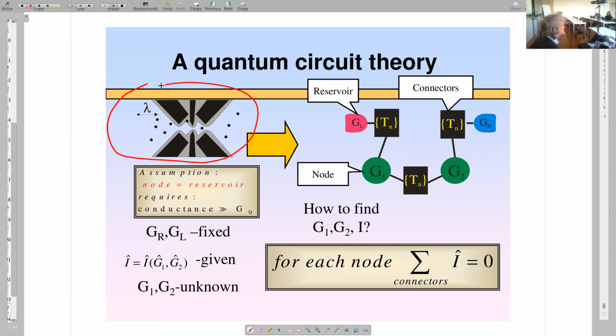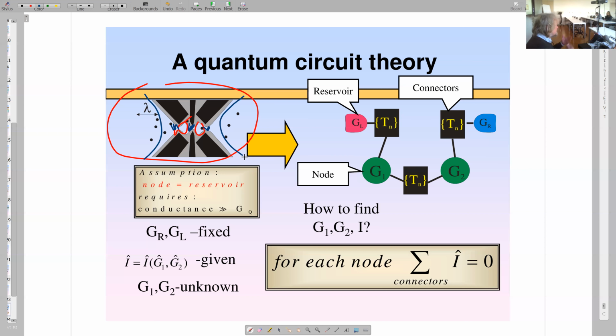Well, for instance, if I look at this one, I could think that these places work like nodes where electrons can be stored, can persist, while these junctions are perhaps better described as connectors. And those are leads.